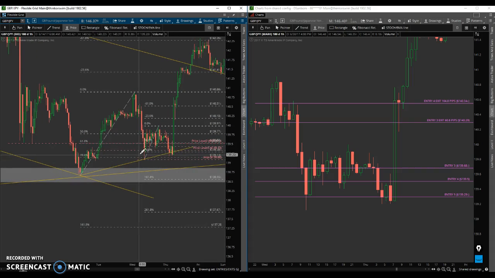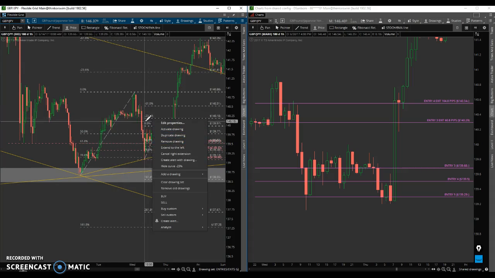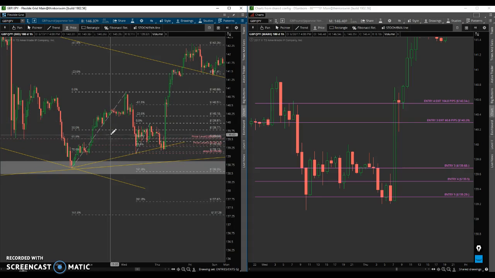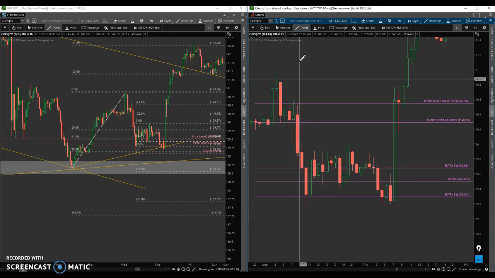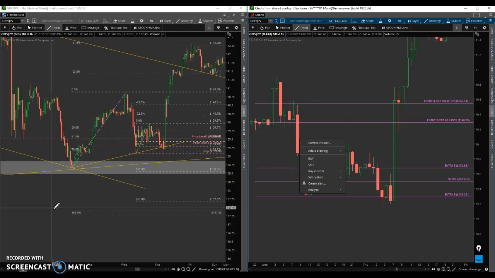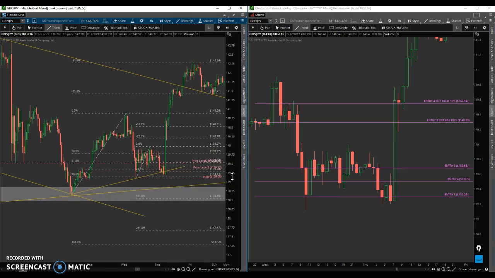Target wise, because I had about 60 pips of risk on my first entry, which was this 139.68-ish entry, you know, I always want to get at least a 1-to-1. So you can see my stop loss was right down about 60 pips. So I wanted to take off 60 pips of profit initially, just to make it a risk-free trade.